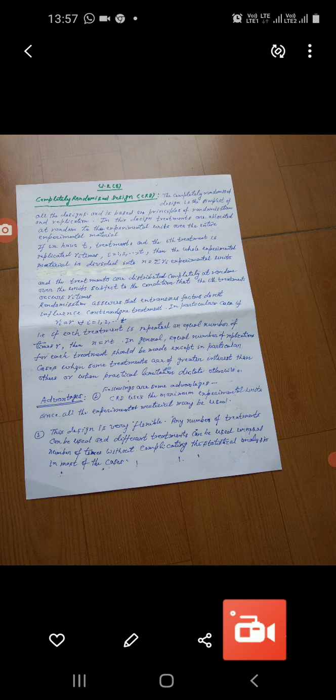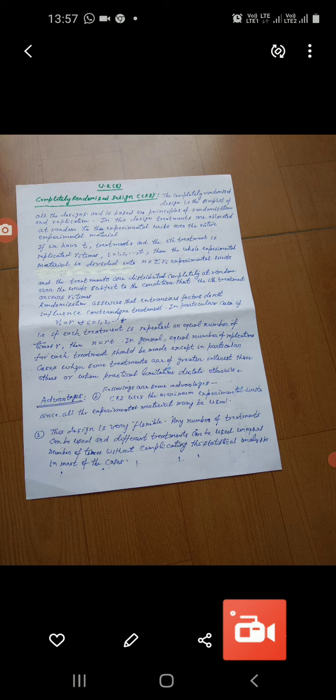If you have T treatments, say, and the ith treatment is replicated Ri times, where i is equal to 1 to T, then the whole experimental material is divided into n is equal to summation Ri experimental units.